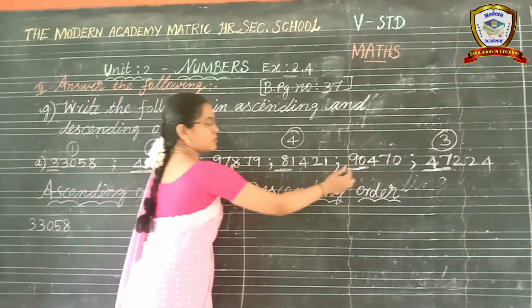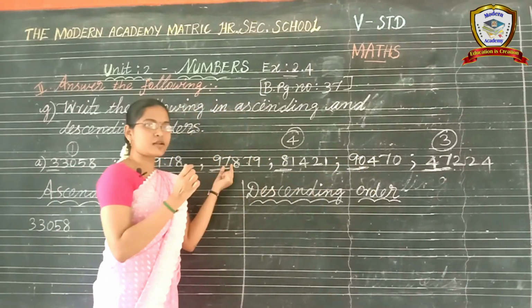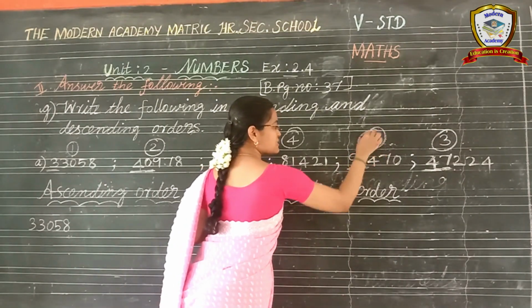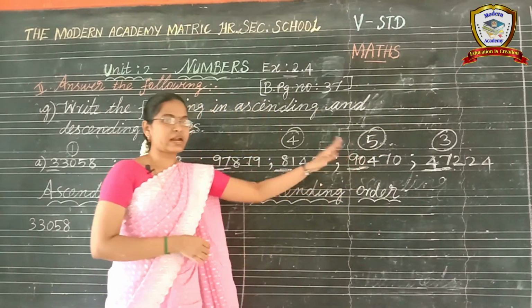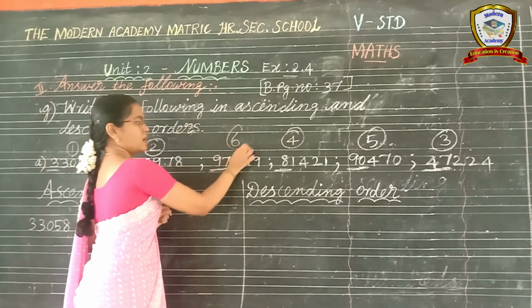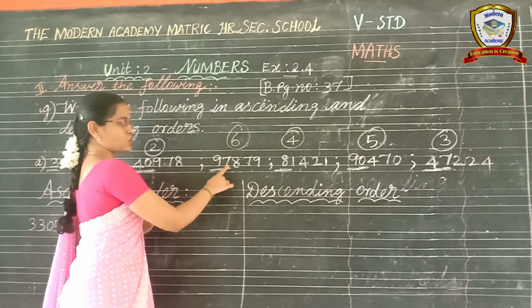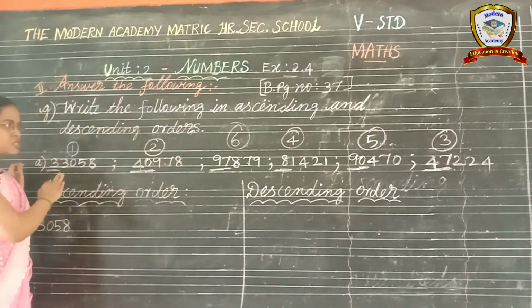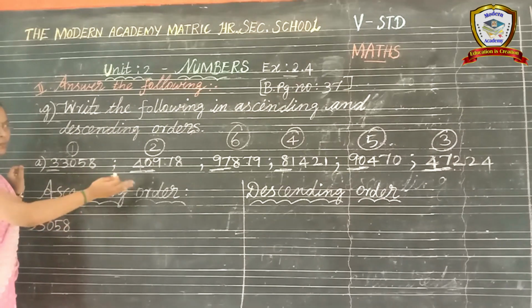Compare the second number. In the second number, which is smaller? Yes, 0 is smaller. So the next smaller number is 90,470. And the last one is this number, 97,879.